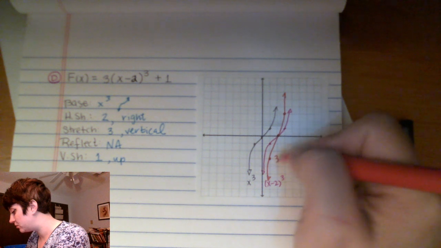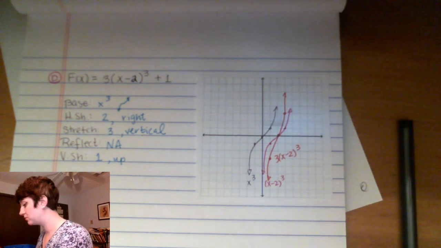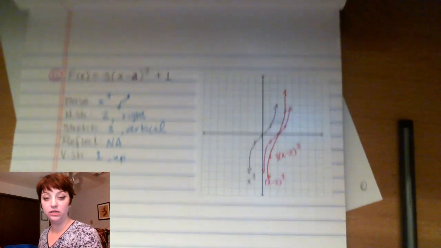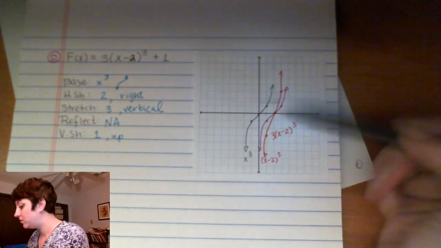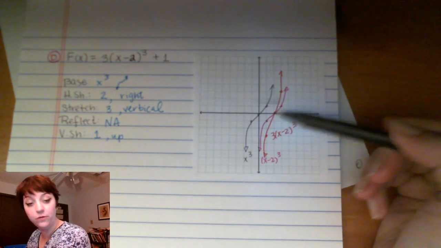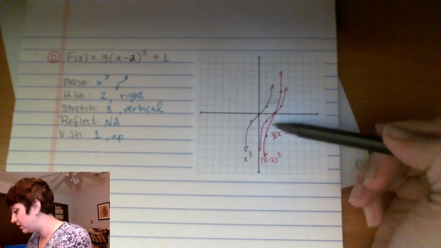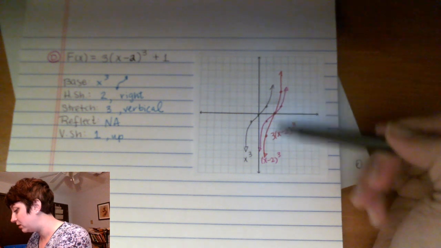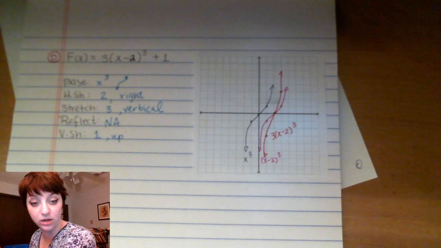Okay, and this is 3 times x minus 2 cubed. And then the last one is our vertical shift up 1. Oh, by the way, the vertical distance between these points is 1 square, right? Here the vertical distance is 3. That's the thing that tells me I had a vertical stretch of some kind.